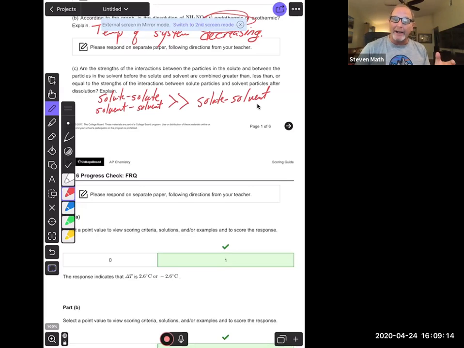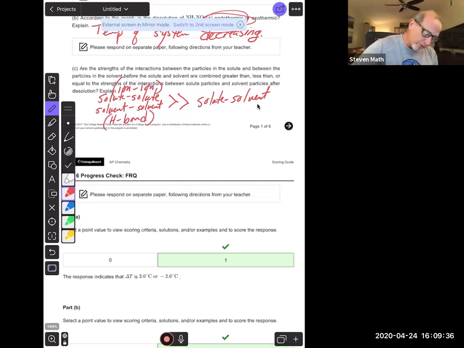So the NH4NO3 sticking together, the H2O sticking together because of those hydrogen bonds. Those hydrogen bonds and those ion-ion forces are stronger because that's what we have going on over here. The solute is an ion-ion force, and the solvent-solvent is an H-bond force.